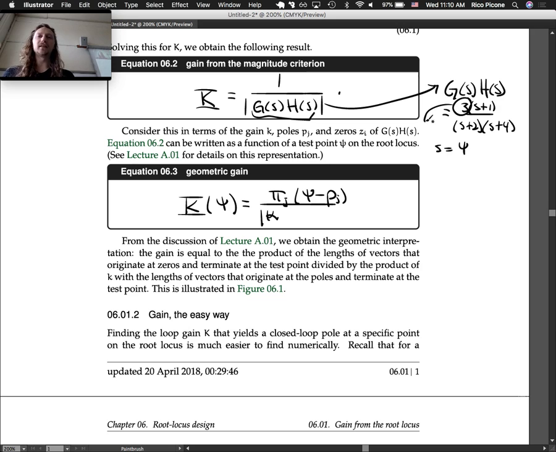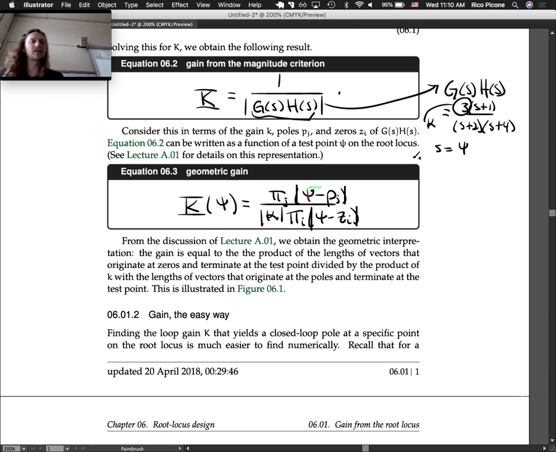That's what we're calling little k here. So little k, magnitude, product over all of the psi minus zeros. Oh, and these were lengths, right? Yeah, take the length of each one.